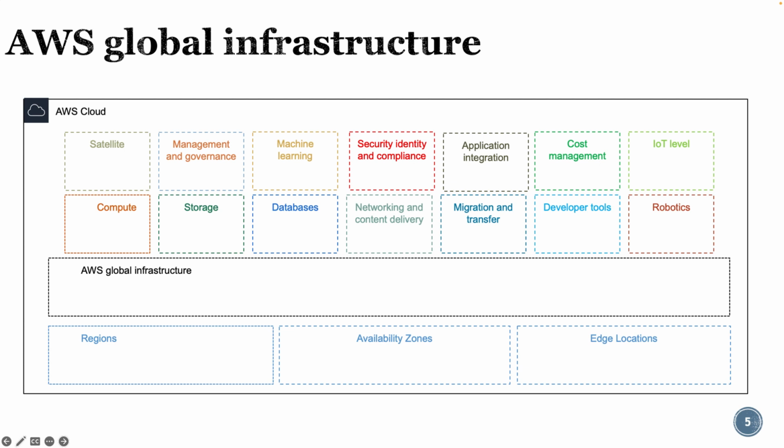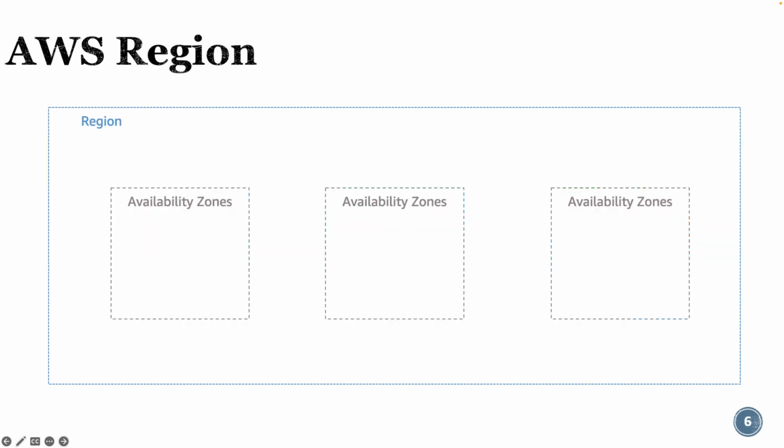Dive deeper into the global infrastructure because you will see questions on your exams relating to these. So let's dive deeper too. What is an AWS region, an availability zone, and an edge location? Well, an AWS region is a geographical area that consists of two or more availability zones. So we have Northern Virginia, a London region, an Oregon region, a Sydney region, and more, and each region is under that region's rules.